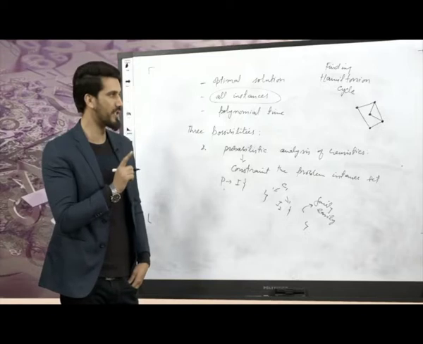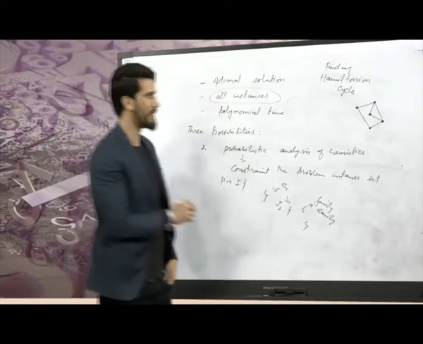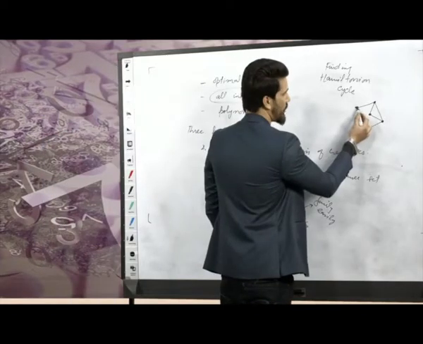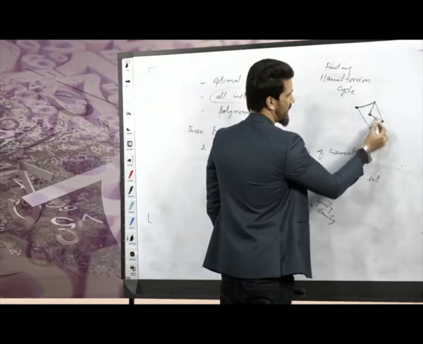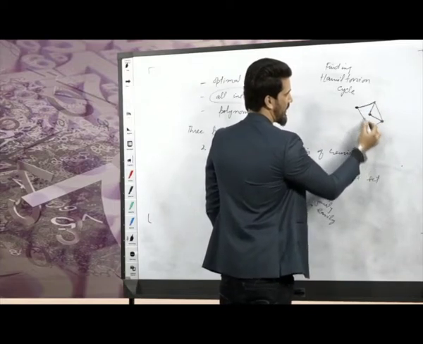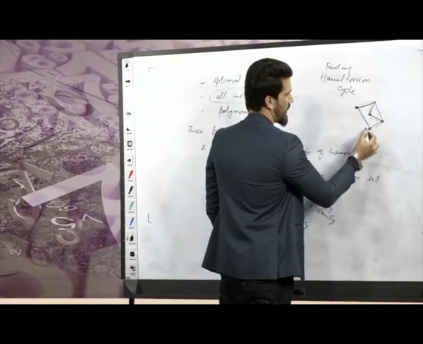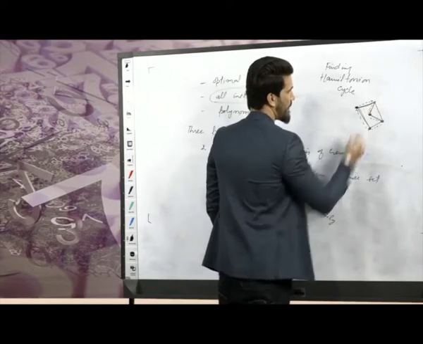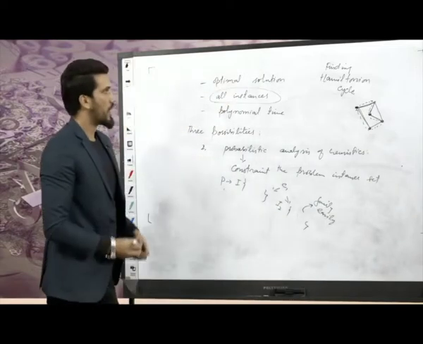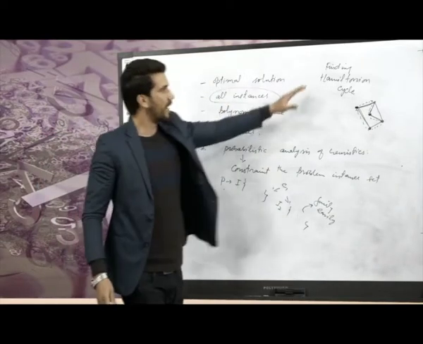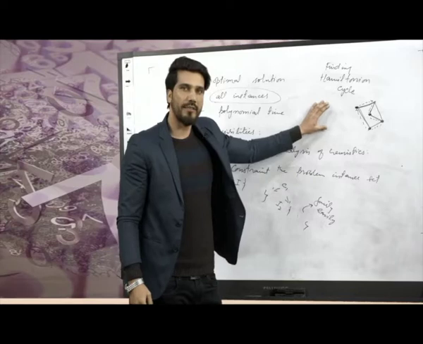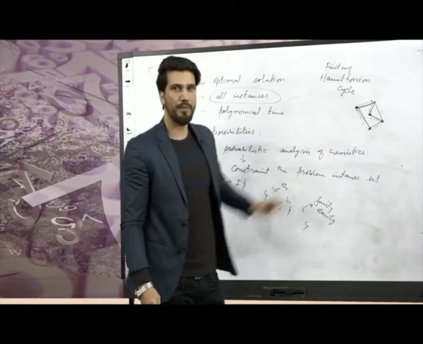One possible Hamiltonian cycle will be like this. So here, here, here, here, here. Right? So finding a Hamiltonian cycle in a graph is an NP complete problem.